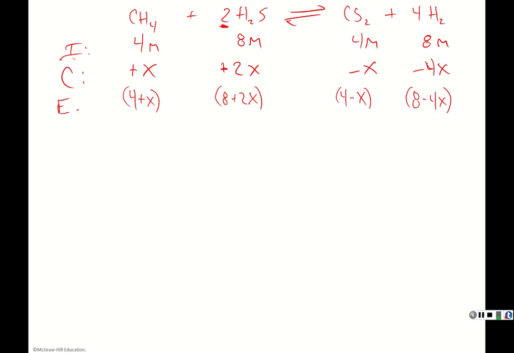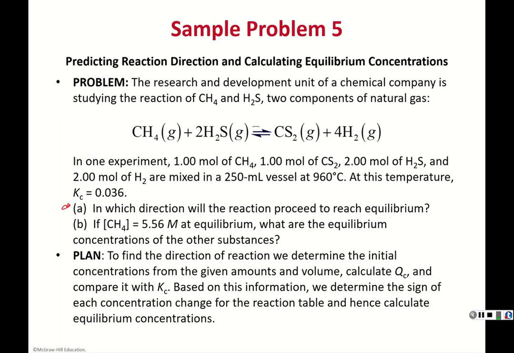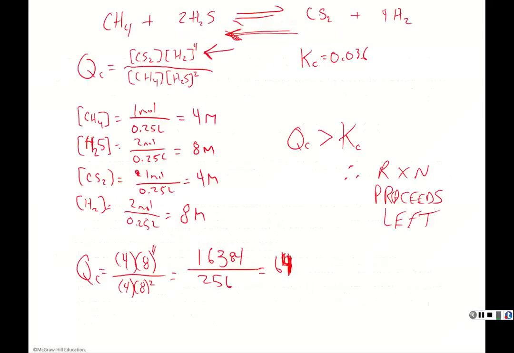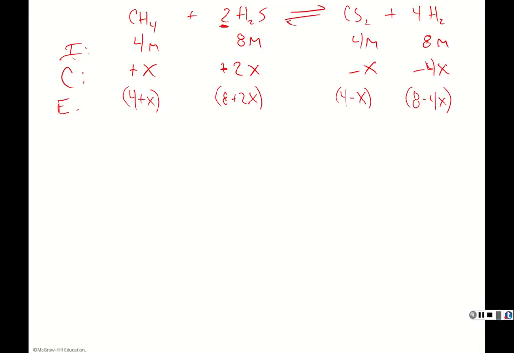So now we need to solve for X. And how do we do that? Well, if we look back, we're given in this part an equilibrium concentration for methane at 5.56. So we know at equilibrium this is going to be 5.56 molar.